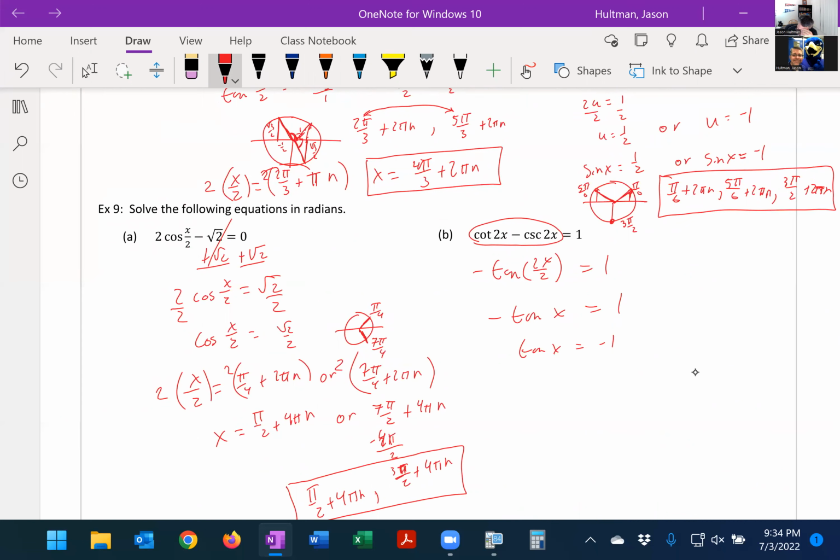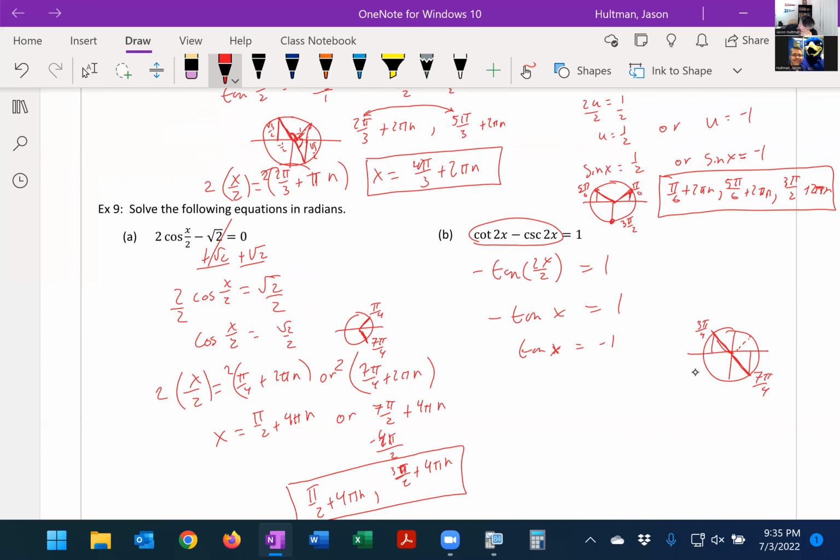So where are tangents equal to negative 1? We want this to be in radians. Well, they're equal to negative 1 in the 2nd and 4th quadrants, and we have pi over 4 as our reference angle. So this is going to be at 3 pi over 4 or 7 pi over 4.